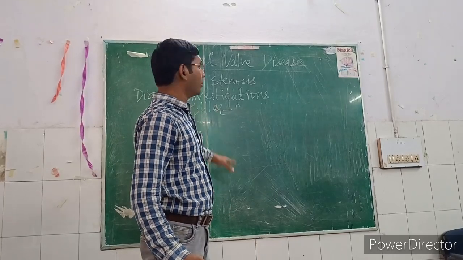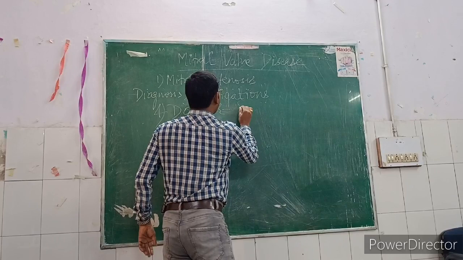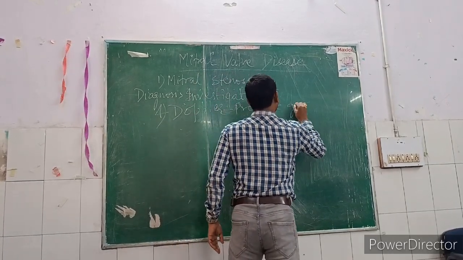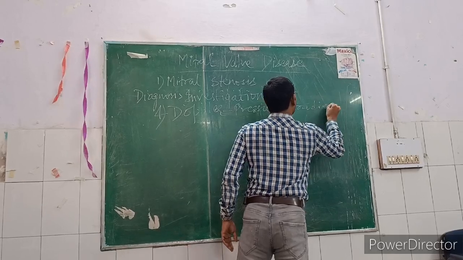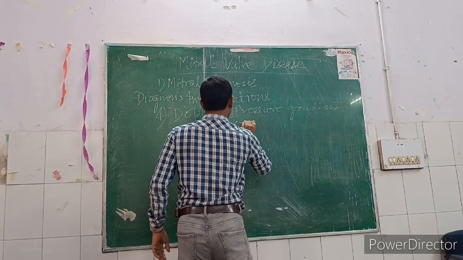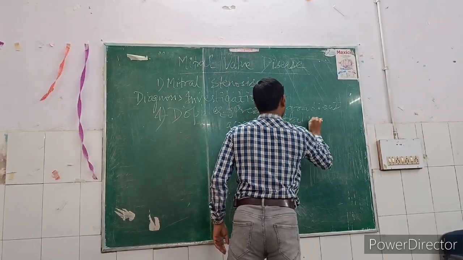So what we see in Doppler: number one is pressure gradient across the mitral valve.